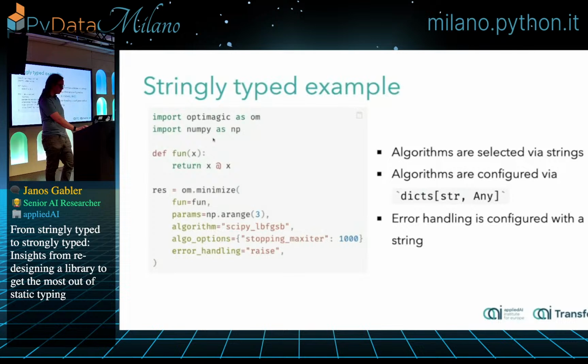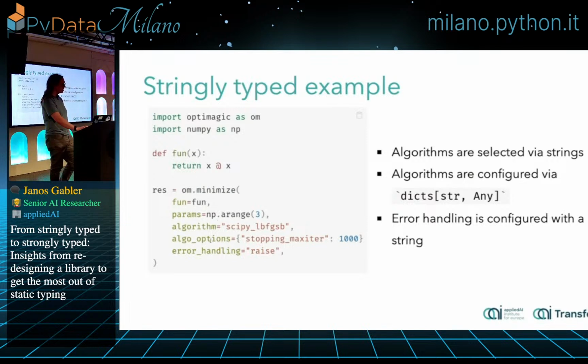This might also be your first code snippet that does optimization, so I'll walk you through it. You define an objective function, which is just the function that we saw plotted on the previous slide. And then if you want to run a minimization, either using SciPy or using optimagic, it could look like this. You pass the function that you want to minimize, the initial guess. You select an algorithm.